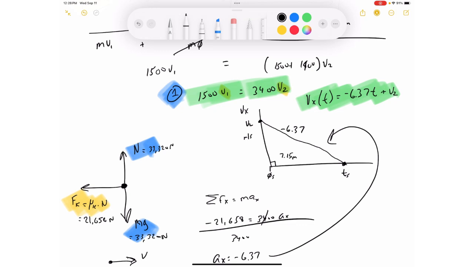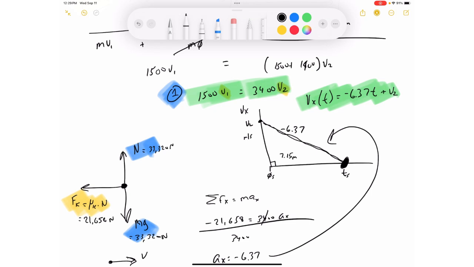I could take this equation and say that negative 6.37 t plus v2 is going to hit 0 at time t, right here. This line right there is going to hit this point.